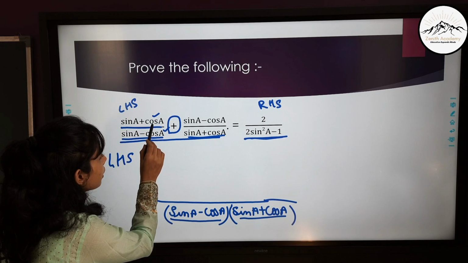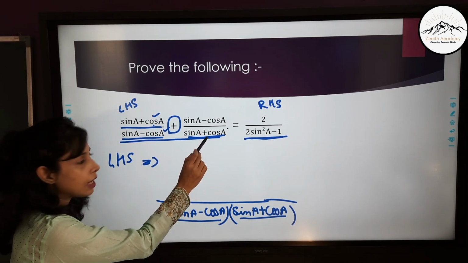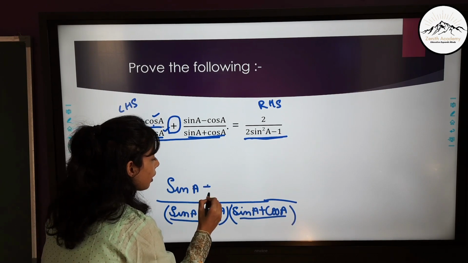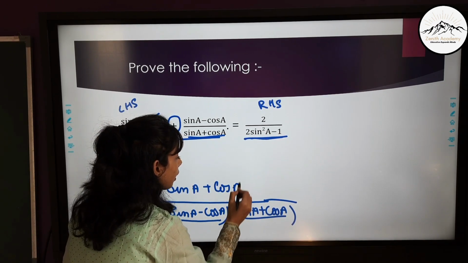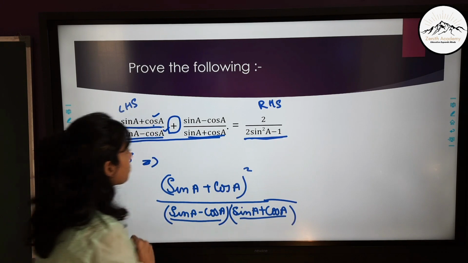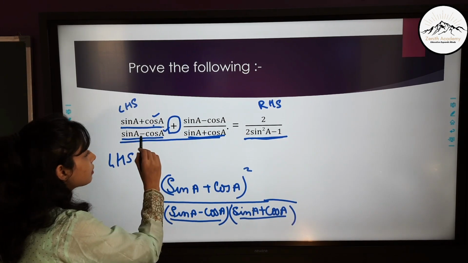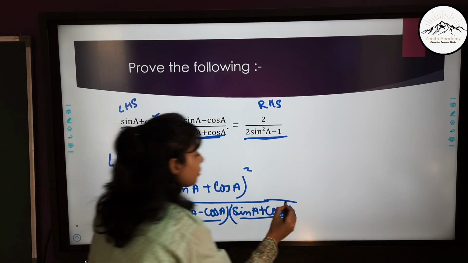Sine A plus cos A should be multiplied by this sine A plus cos A, so this will be sine A plus cos A whole square, and similarly this and this should be multiplied, that is sine A minus cos A into sine A minus cos A.